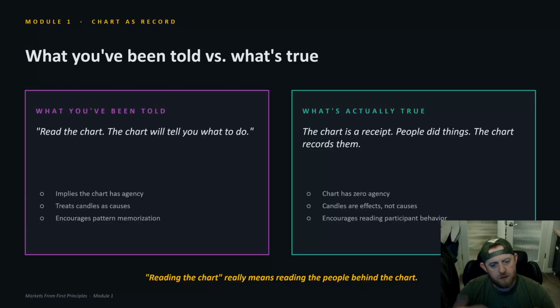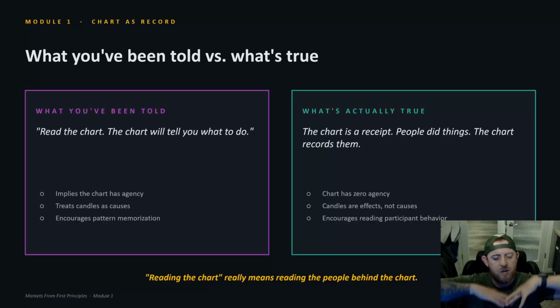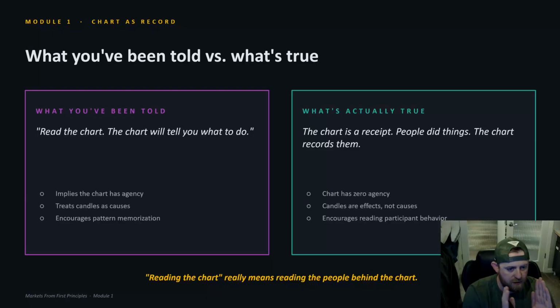And by generalize, I don't mean it's super generalized knowledge. No, it means that you can generalize what you're looking at. So instead of saying I only think that I understand what's going on in this very specific context with this very specific symbol and this very specific time frame, you can apply this around the markets, right?